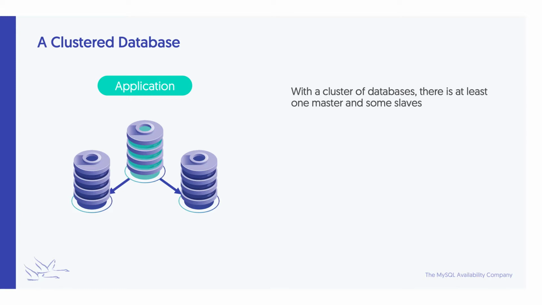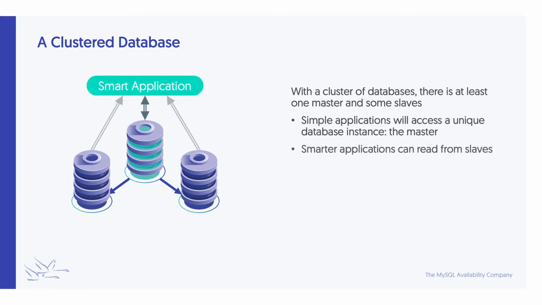The application accesses the master instance and will even be able to access the slave replicas in order to read from them and unload the master from the read traffic. Of course, this requires some kind of intelligence at the application layer because it will need to know what kind of traffic it will send to the databases.